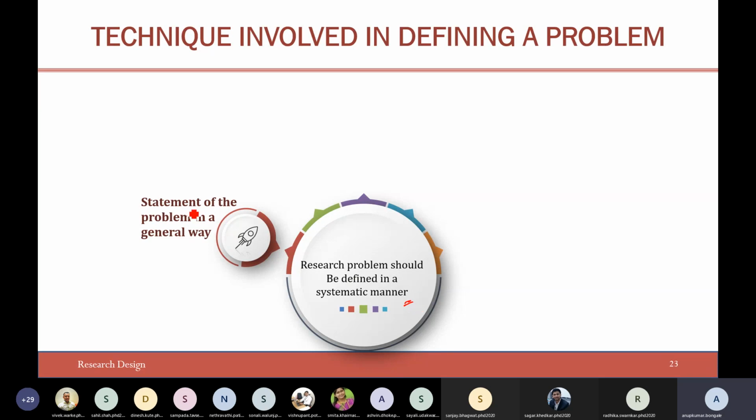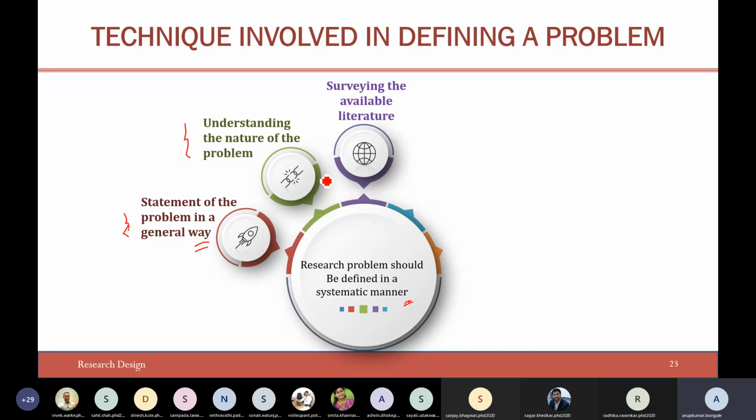The first thing is the statement of the problem in a general way. Go for a broader way in which you can define the problem. Later, understand the nature of the problem, survey the available literature, and develop ideas through discussions.